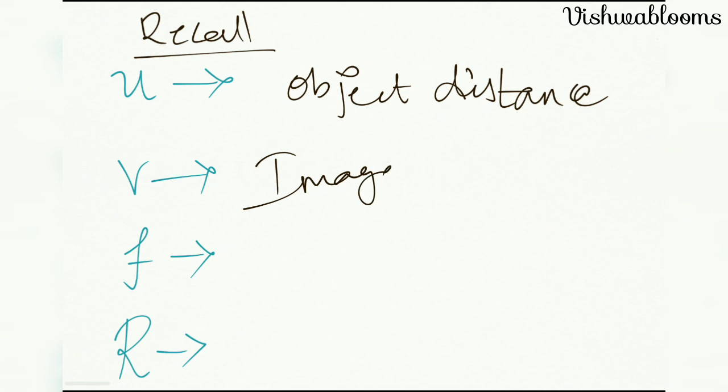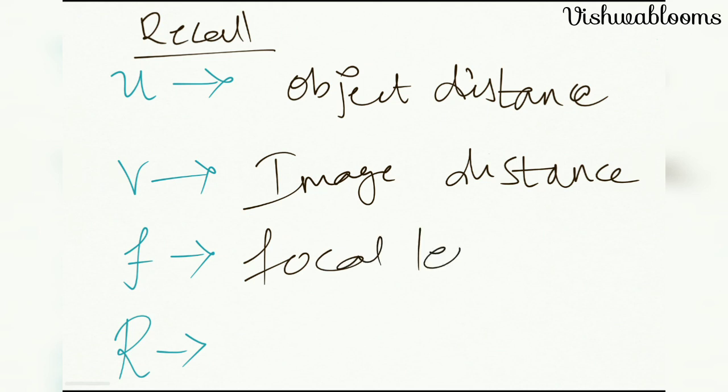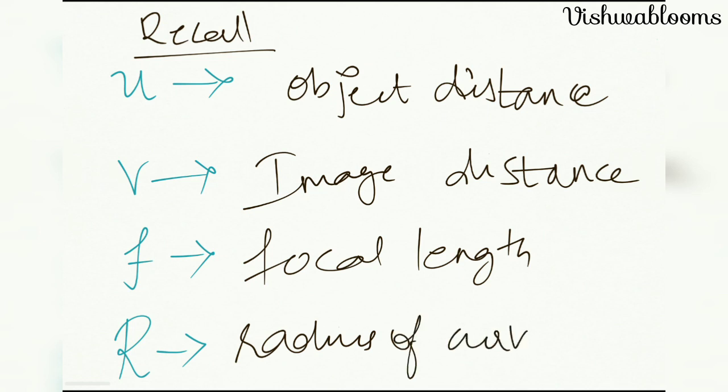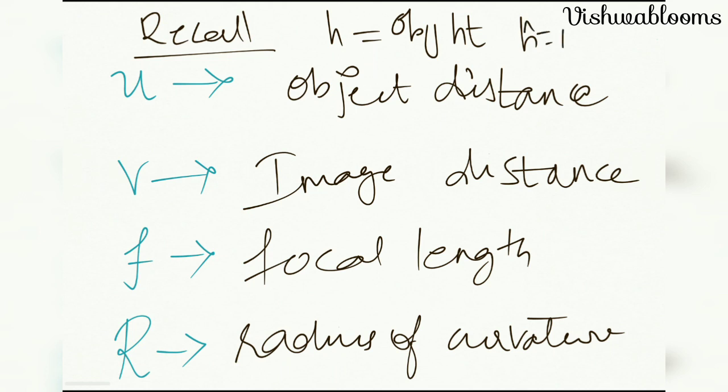So v is image distance, f is focal length, R is radius of curvature. Now again in this you can include h and h dash also. h is object height, h dash is image height.